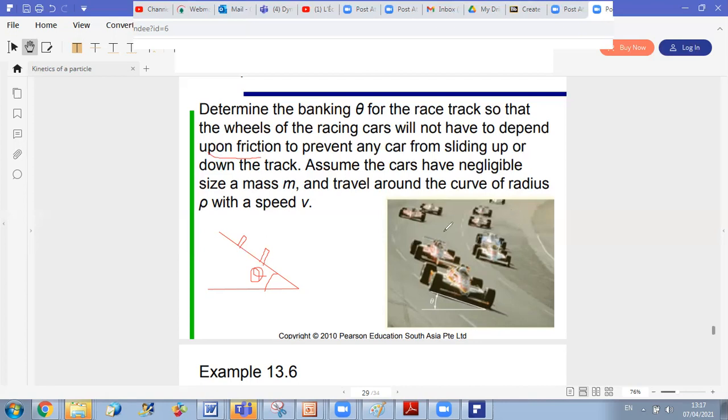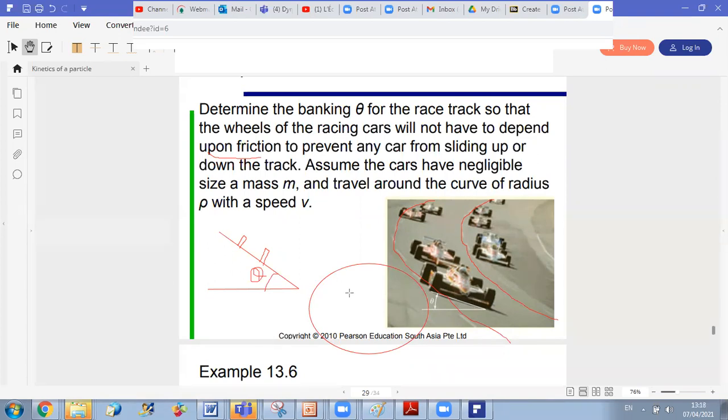If you look at the figure here, you have dashed lines drawn on the race, which will lead to circular tracks. So each car will go over a circular track. If you look from top, you will see that the car is moving along a horizontal circle, but its wheels are inclined with a certain angle relative to the horizontal surface.